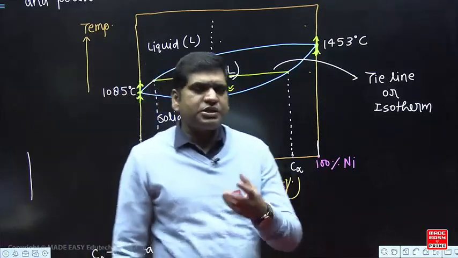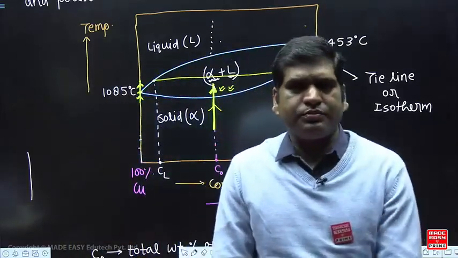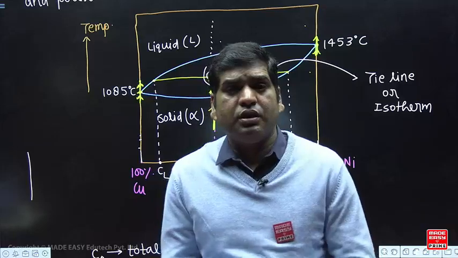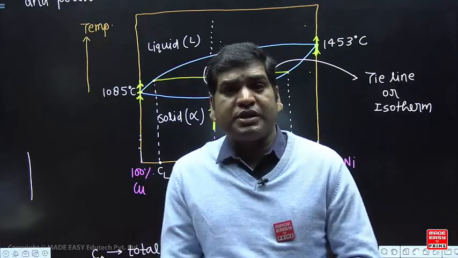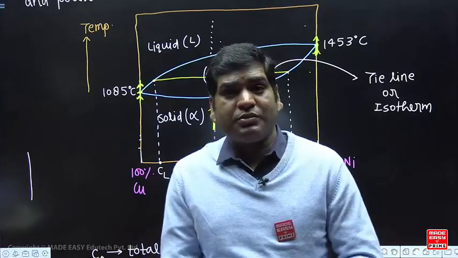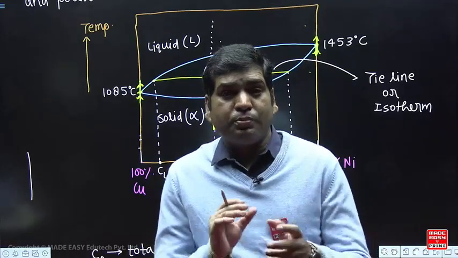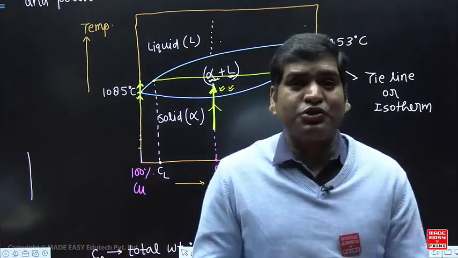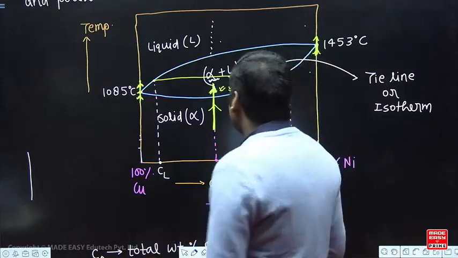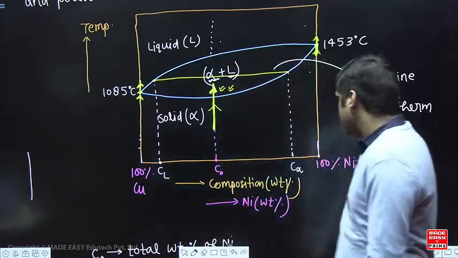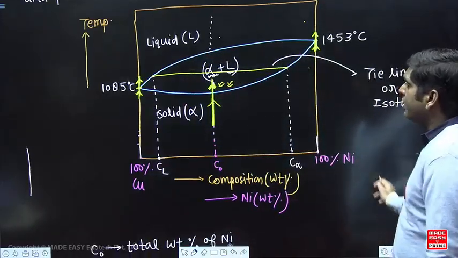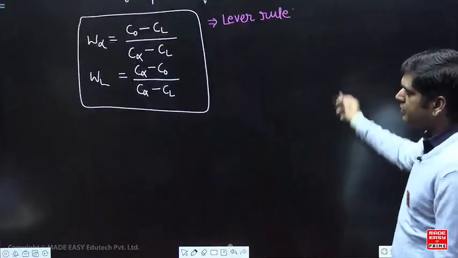So the percentage composition has changed during the phase transformation. Such phase transformations where compositional alteration took place are known as incongruent phase transformation.